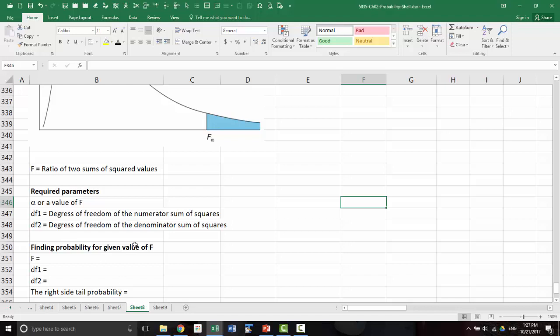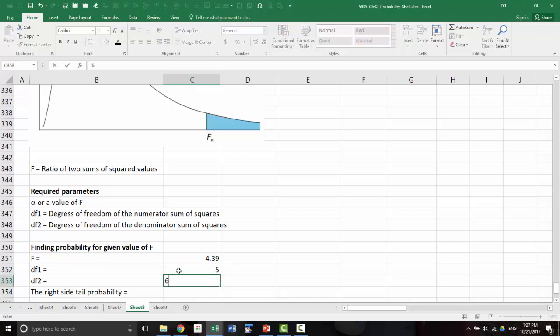We'll be using this in regression and some other concepts that we'll be covering in later chapters. Suppose we have an F value of 4.39, the degrees of freedom of the numerator is 5, and the degrees of freedom for the denominator is 6.